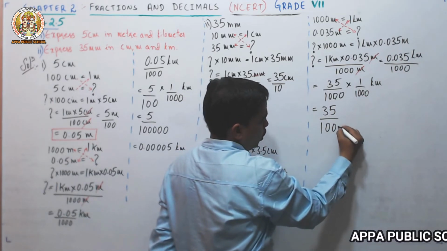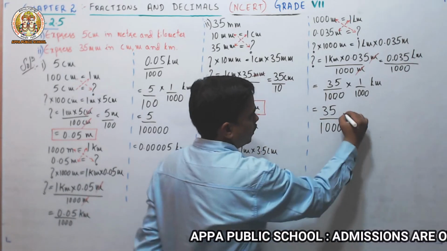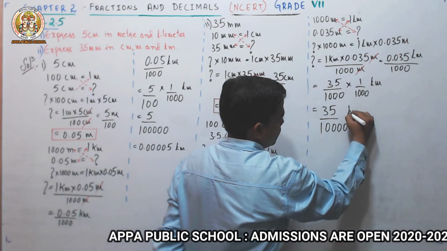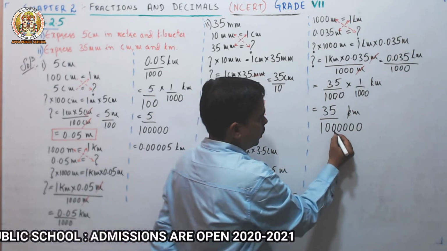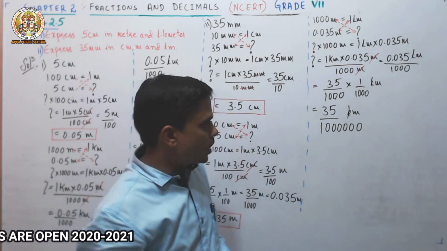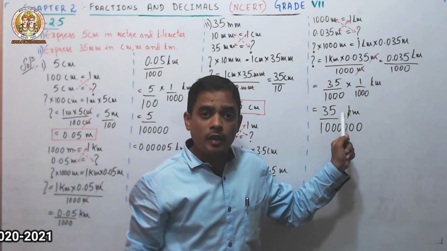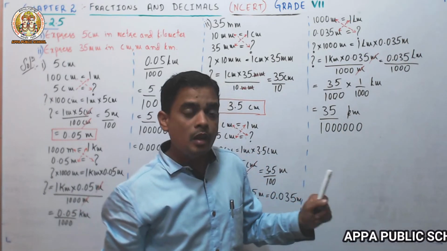This kilometer as it is. Got it? In total 6 zeros are there. But in the numerator, how many numbers are there? 2 numbers are there, so subtract 2 zeros. How much will it be? 4 zeros.